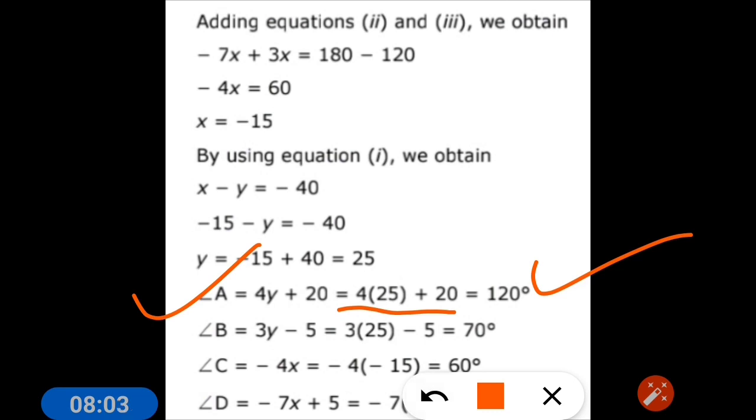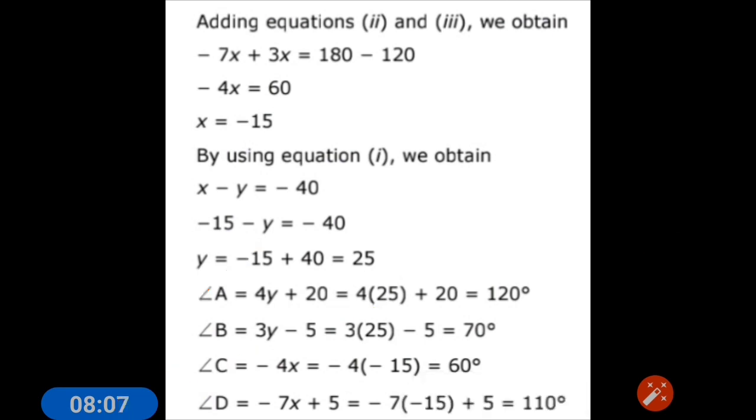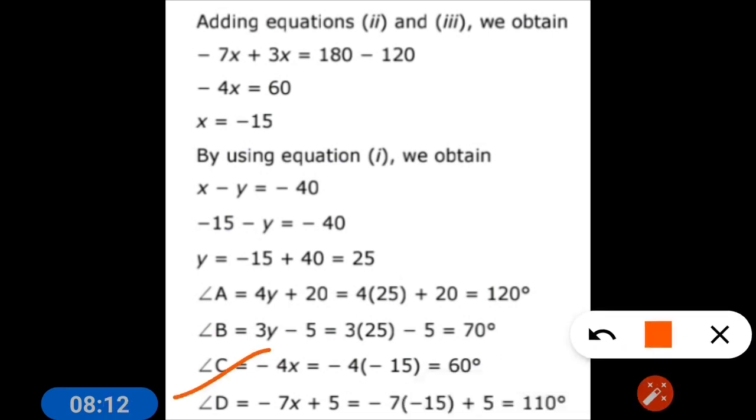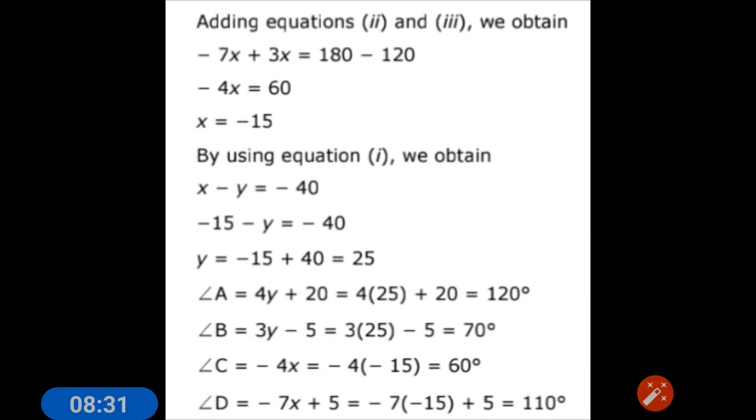Similarly, we get the value of C as 60, and the value of D, which is minus 7x plus 5, so minus 7 into minus 15 plus 5, will be 110. So the values of A, B, C, D are 120, 70, 60 and 110 degrees, and these are your answers.